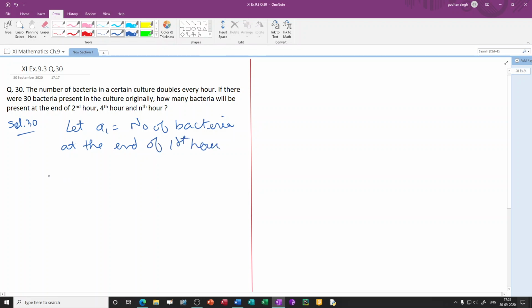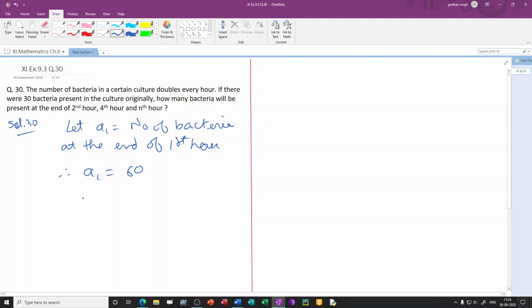Initially the number is 30, so it will become double of that, so it will become 60. So A1 is 60. Remember that A1 is not 30, A1 is 60, because we have defined A1 as the number of bacteria at the end of the first hour.